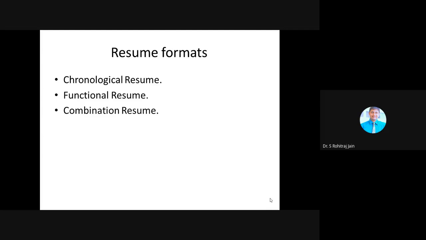Then the second one is called functional resume. The functional format is ideal for individuals who are looking to change careers. It allows for shifts in professional goals by moving the focus of the resume away from a linear timetable and creating a solid foundation of transferable skills taken from any sources. The very important thing is this format can be a great asset to many job seekers. Why?